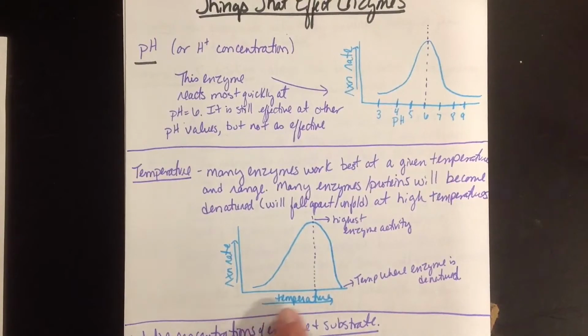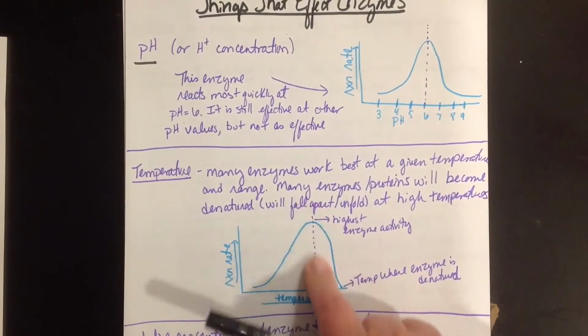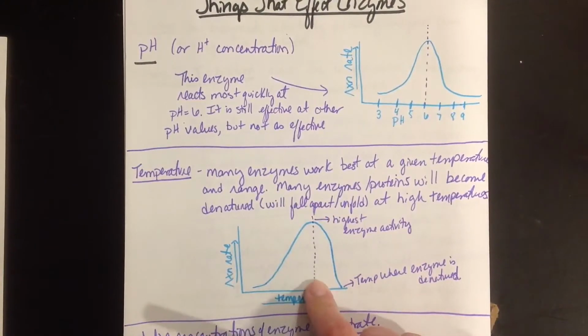So if you have a given temperature, the highest rate that it can react would be defined at this line for this particular enzyme, but you have to be careful with temperature. There's a reason why your body tends to get higher temperature when you're infected with something.